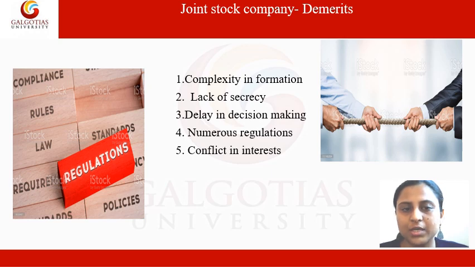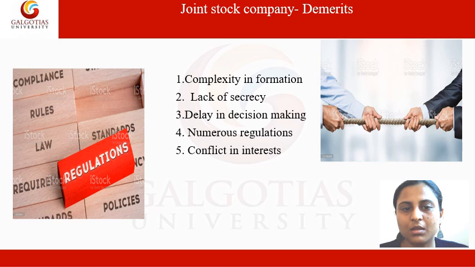Next limitation is delay in decision making. Now companies are democratically managed through the board of directors, which is followed by the top management, middle management and lower level management. So communication as well as approval of various proposals may cause delay in taking actions as well as acting upon them.